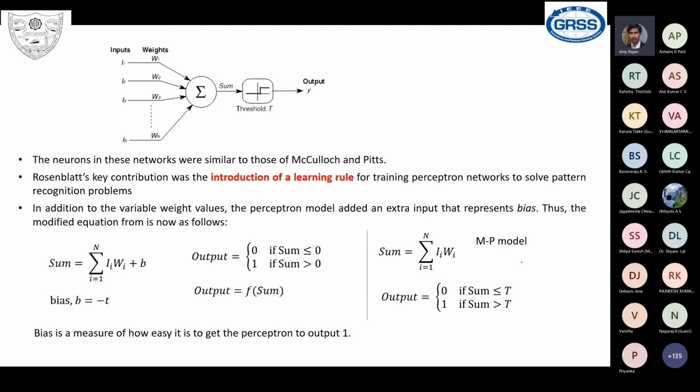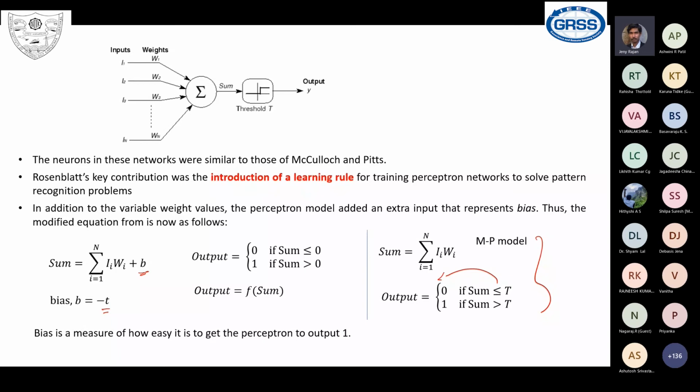If you look at the MB model, this is how it looks, right? First, we have to compute the weighted sum, and based on this weighted sum, we decide what the output is. If the value is greater than a threshold, we get 1 as the output. Otherwise, we get 0 as the output. So he moved this t to the left side of the inequality. Then it becomes sum equals sigma i equals 1 to n of w_i x_i plus b. b is nothing but minus t.